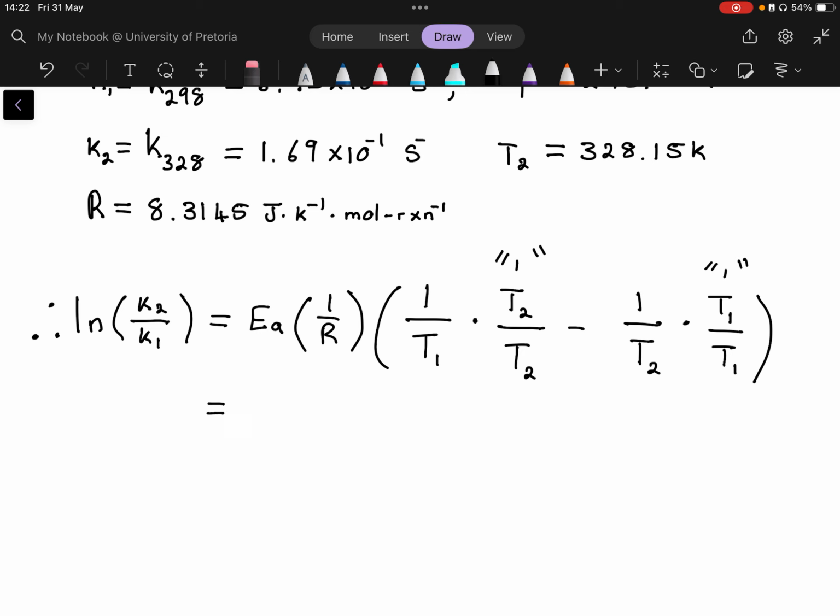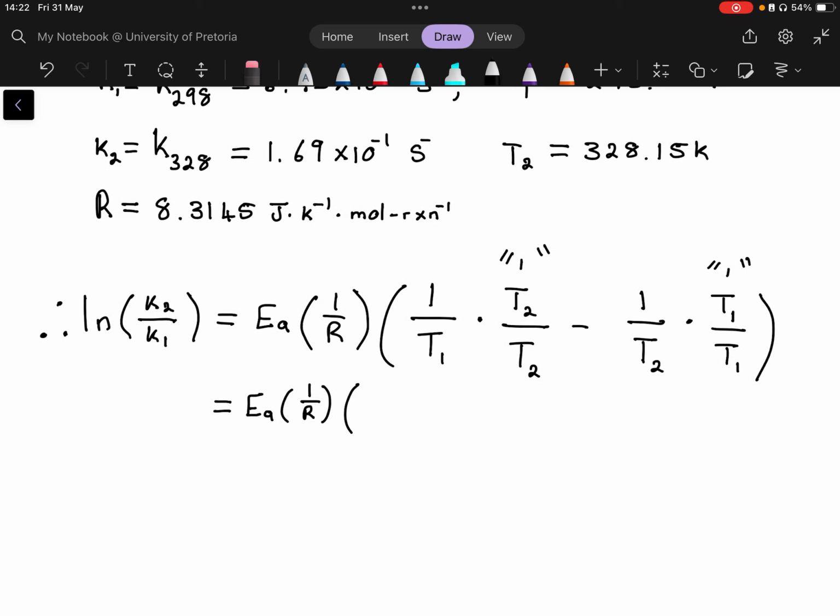So let's leave the left-hand side as is for now. So we get EA times 1 over R, times T2 over T1 T2 minus T1 over T1 T2.